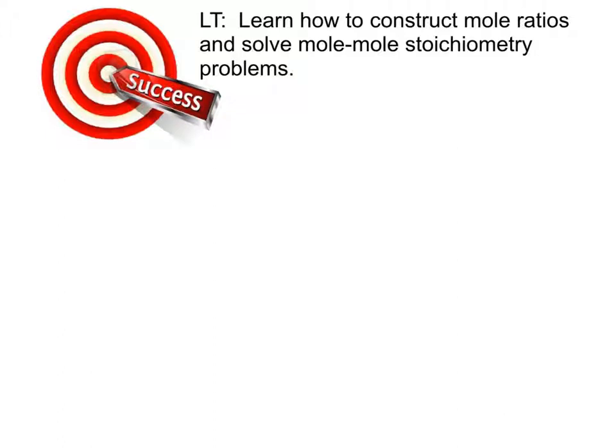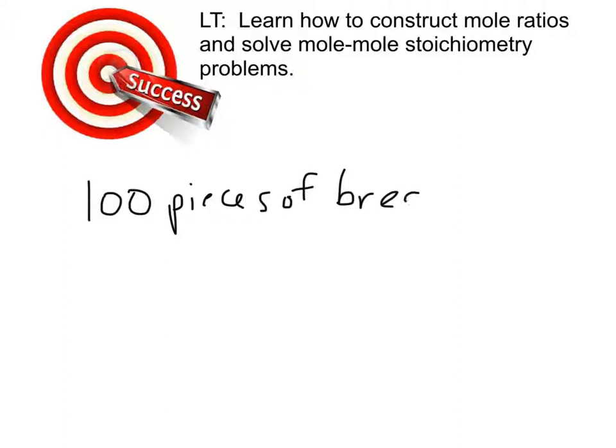So again, you're going to need 100 pieces of bread in order to make those 50 sandwiches. What you may or may not have realized is you've actually constructed an equivalent statement in your head in order to make this conversion of 50 sandwiches and number of pieces of bread.